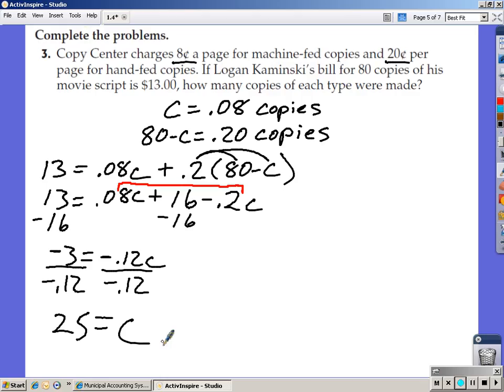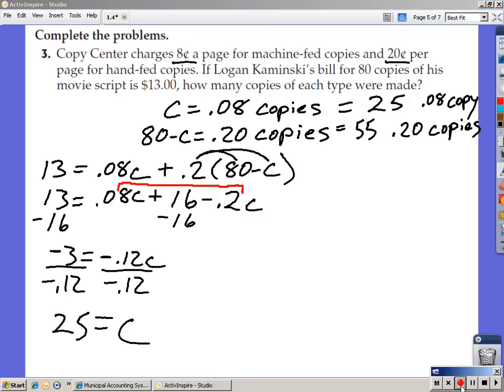So that tells me that we did 25 8-cent copies and we did 80 minus 25, which is 55, 55 20-cent copies. Okay? Hopefully that was a little easier to see than the first one.